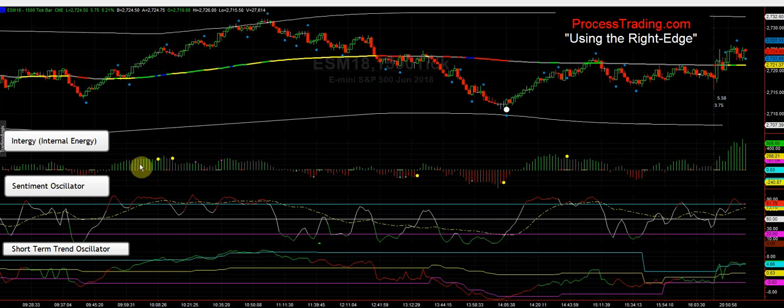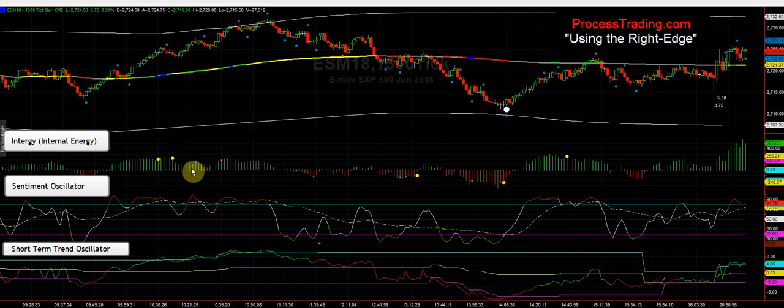Now, right at this point here, you see that energy had waned and it had some weakness here. But that's normal for a trade because the price had gone up. The buyers had taken it up. Right at this point here, the sellers say, okay, that's the top. That's the end of it. And they try to take it down, and they can't do it.